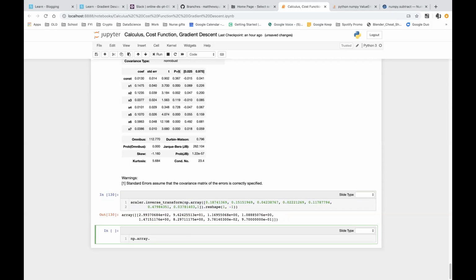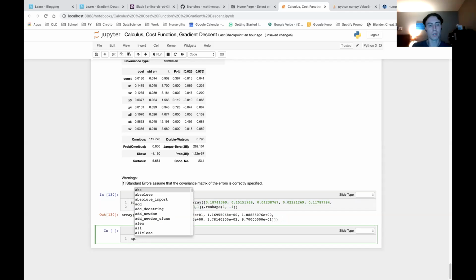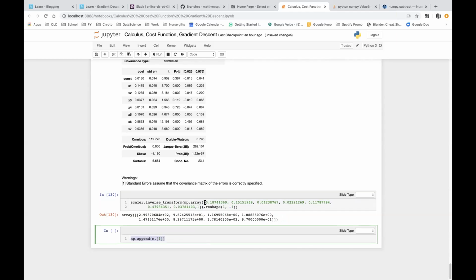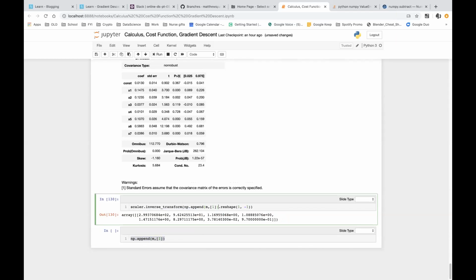What does the reshape mean? So you have to do numpy.append and then pass in your M and then a 1 in brackets maybe. Let's try that. Reshape. Yeah, same thing.